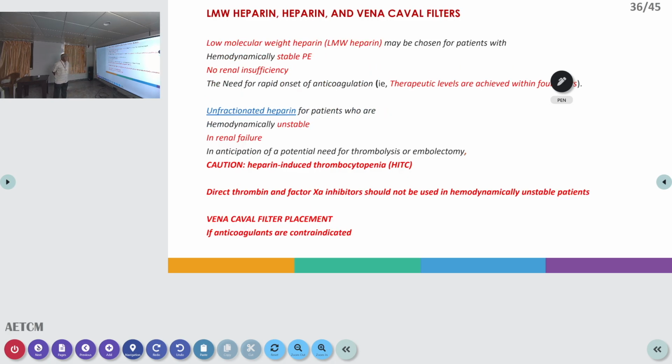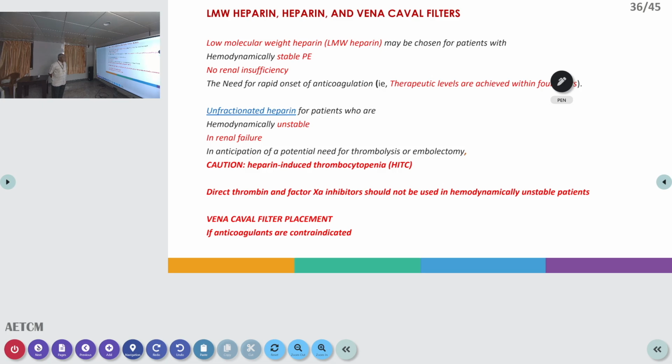So just to cite one or two examples, low molecular weight heparin is chosen for the patients who are hemodynamically stable, but unfractionated heparin may be selected for the patients who are unstable. And low molecular weight heparin should not be used in renal insufficiency, but unfractionated heparin can be used in the renal failure patient.